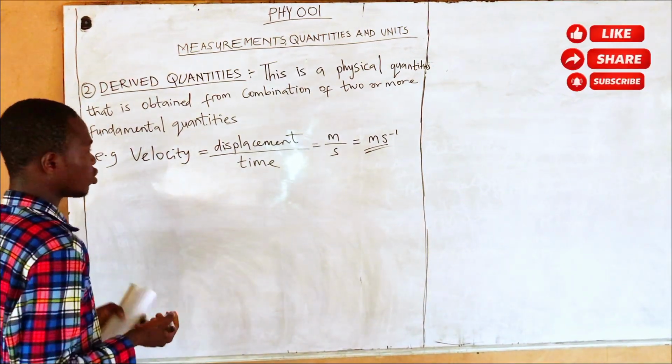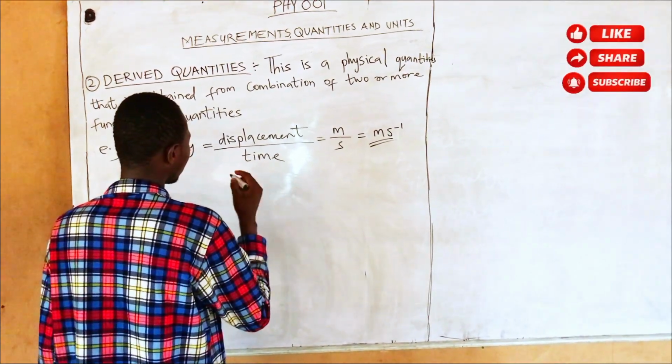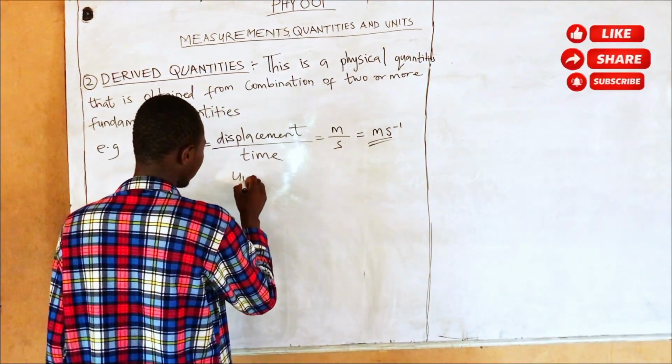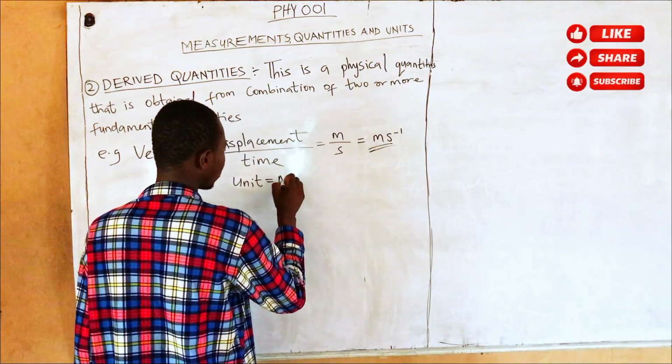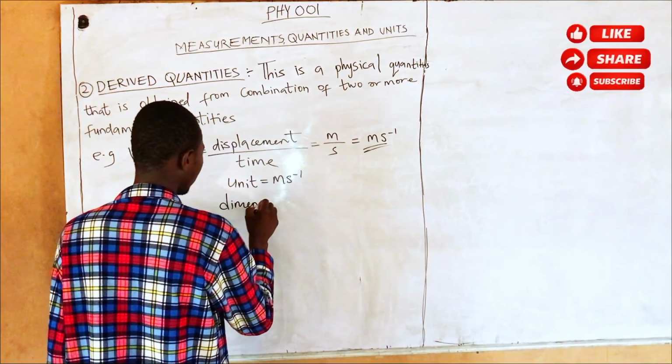So let's do the dimension. Since this is a displacement, it's also distance. The unit is meter per second. Why the dimension?